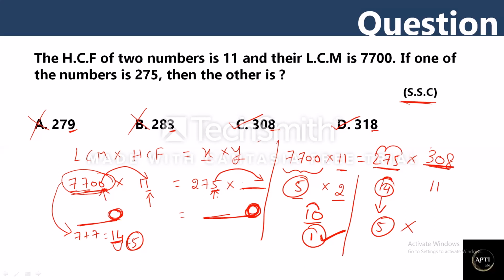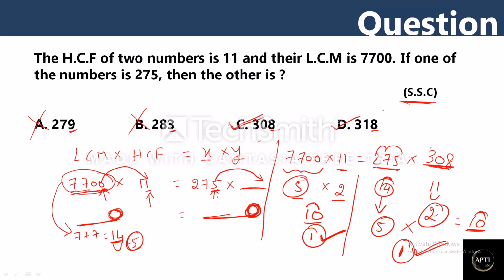Now 1 plus 1, it is 2. What is 5 into 2? 5 into 2 is 10. If 10 is the digital sum, again the final answer is 1, correct? Why? Because again 1 plus 0. So the final resultant is 1, meaning left hand side 1, right hand side 1. I can say that option C is correct.